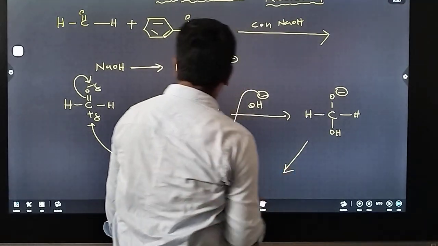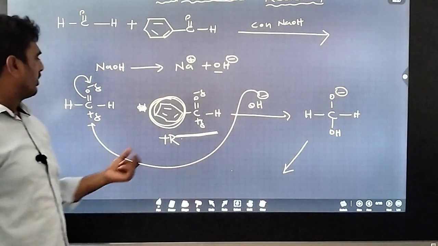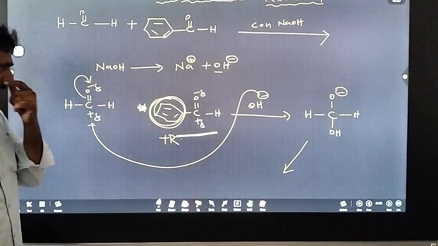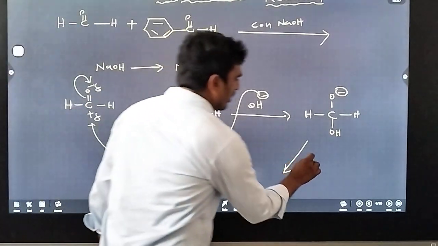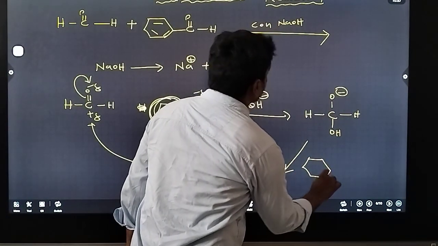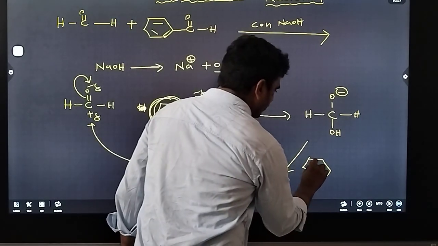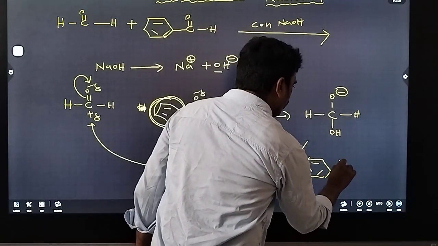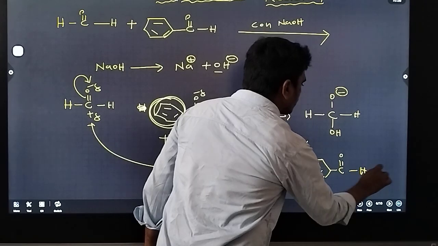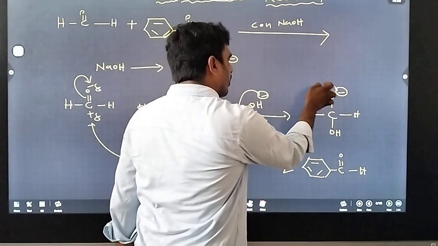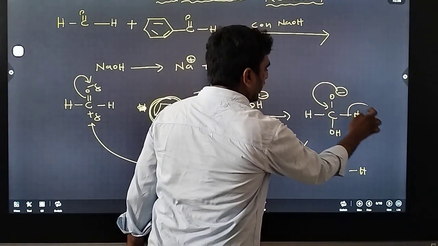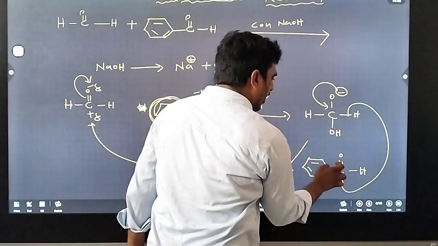So I can take second mole. This does not participate in the first step. So this is the one that participates in the first step reaction. So second one I can take here. So we get C double bond O. Hydride ion shift is there. Again electron displacement towards here. This hydride ion displaces towards oxygen.